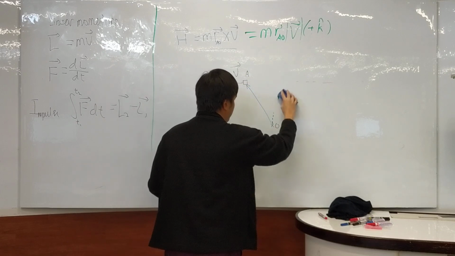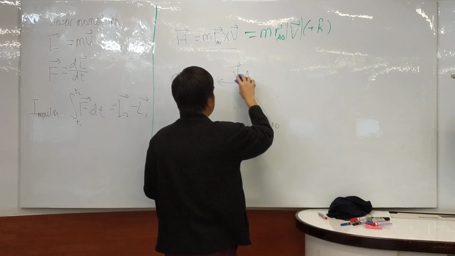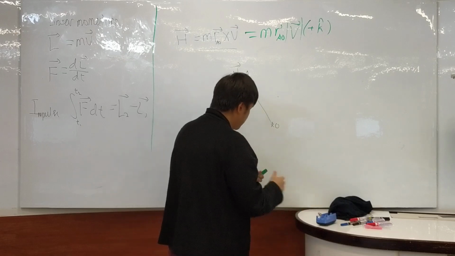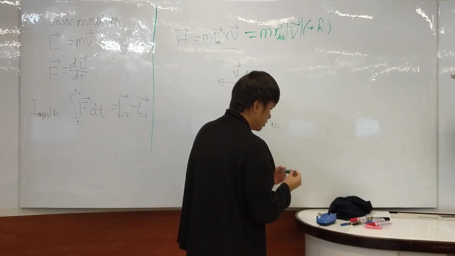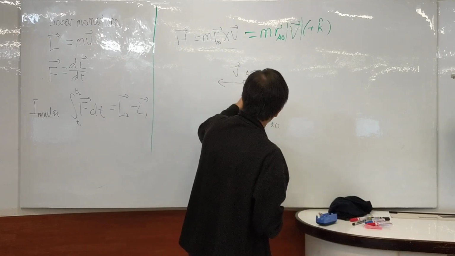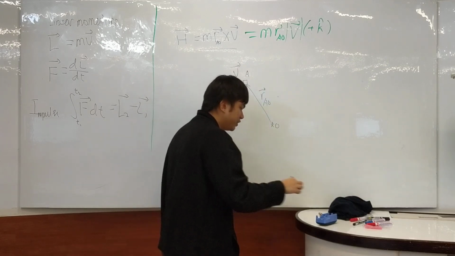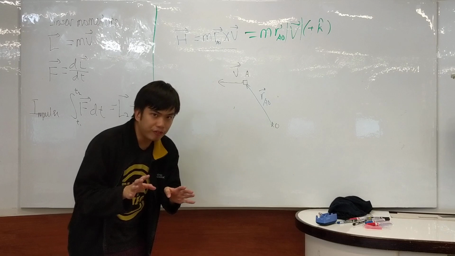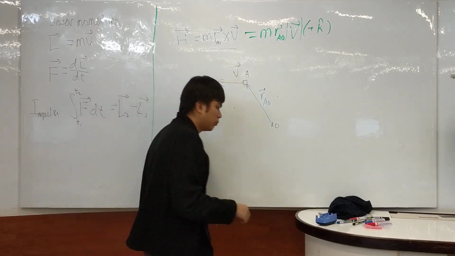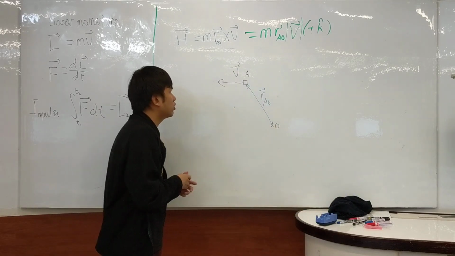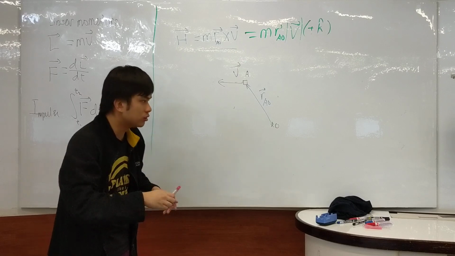The other method was, instead of shifting the displacement, this displacement is actually equal to RAO. What I can do is resolve this velocity component into two directions.